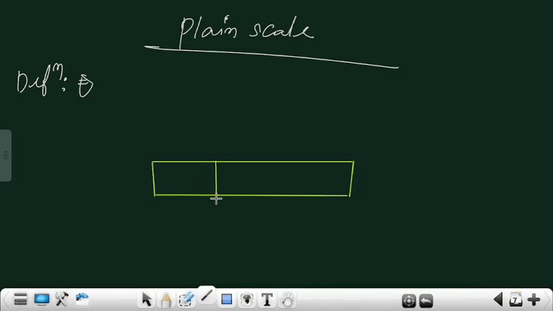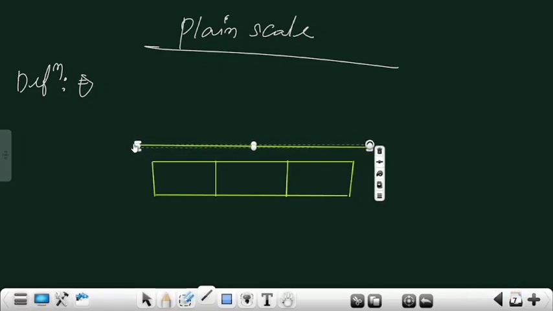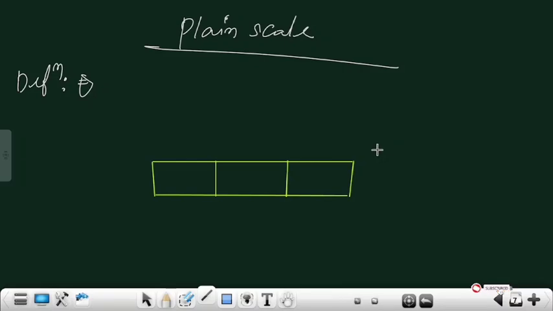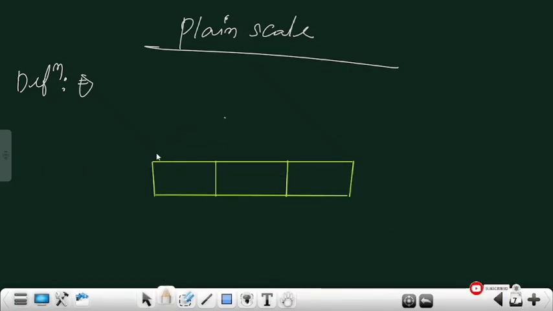Okay, this is equally divided into 3 parts. Let's say this unit will be 3 meter total length, and each part will be 1 meter, 1 meter, 1 meter.